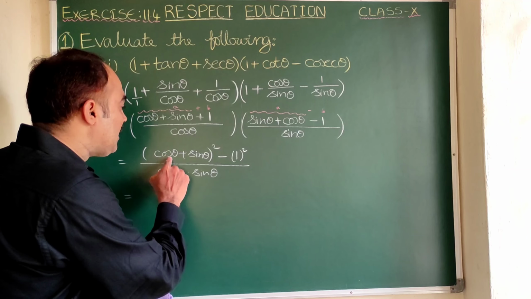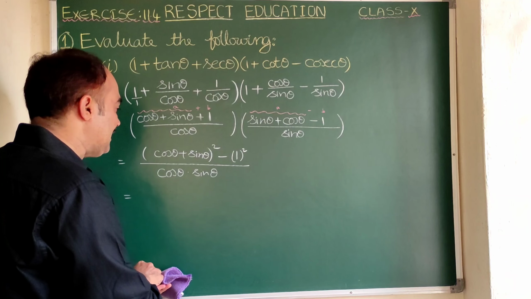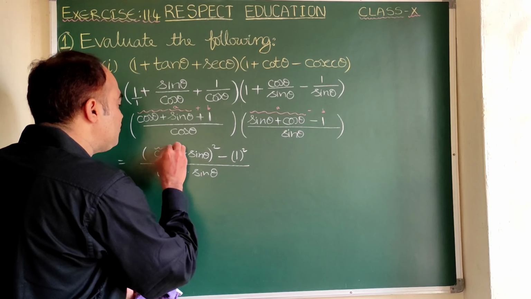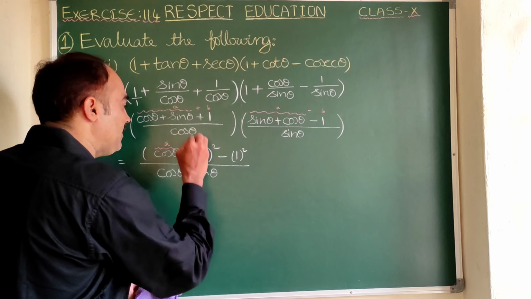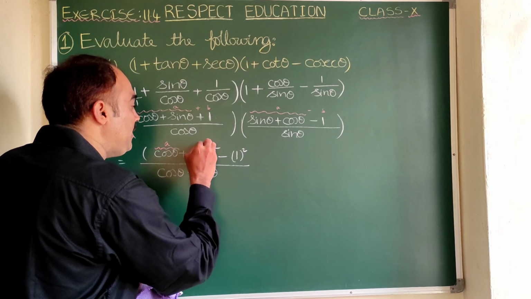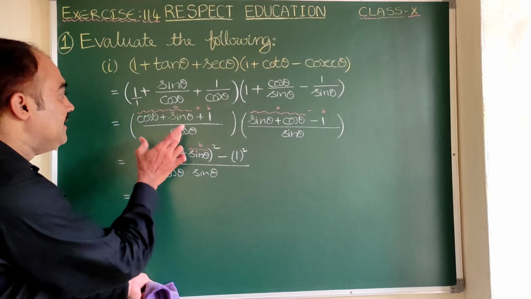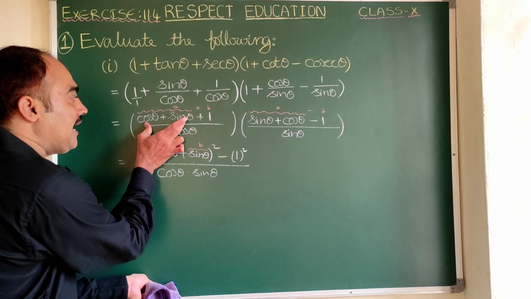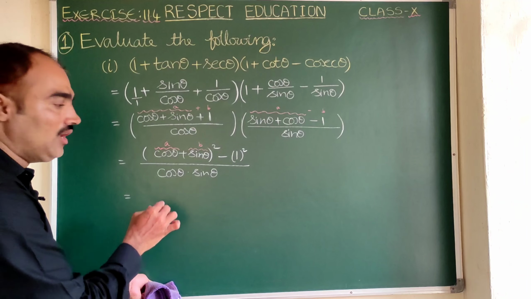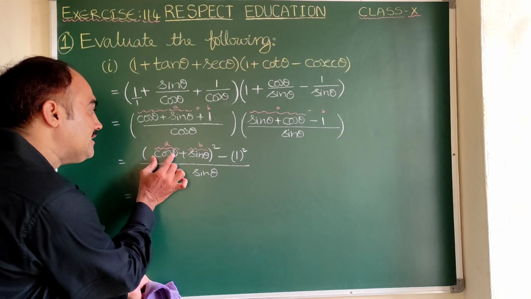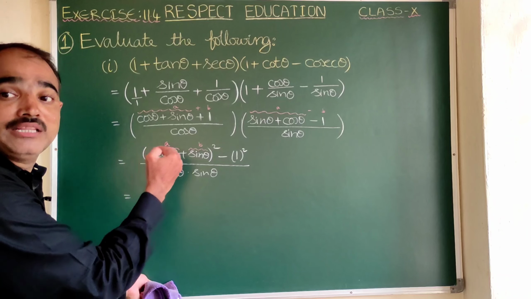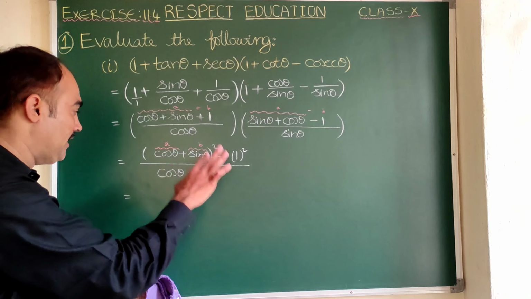Now let us expand this. So (cos theta + sin theta) whole square. At this place you visualize cos theta as a and sin theta as b. Is it clear? Earlier I took cos theta plus sin theta as a. Now I am taking cos theta as a and sin theta as b, to apply the formula and expand it.